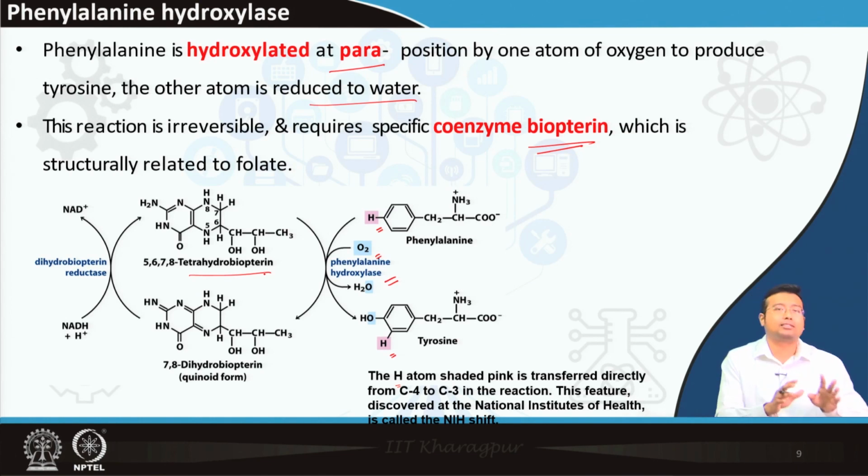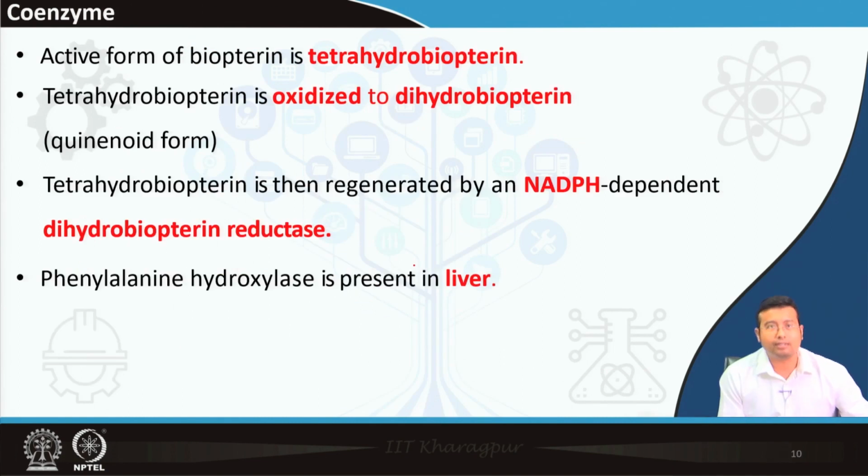Folic acid is a vitamin, and this tetrahydrobiopterin is very much similar in structure to folic acid. So this is the enzyme phenylalanine hydroxylase, and this is the coenzyme tetrahydrobiopterin, right.